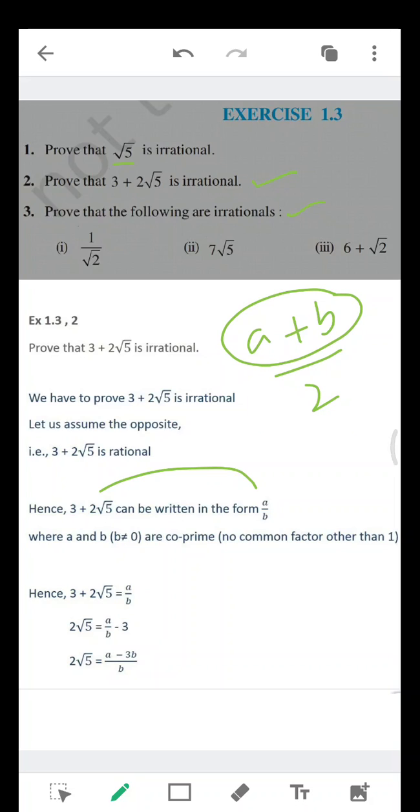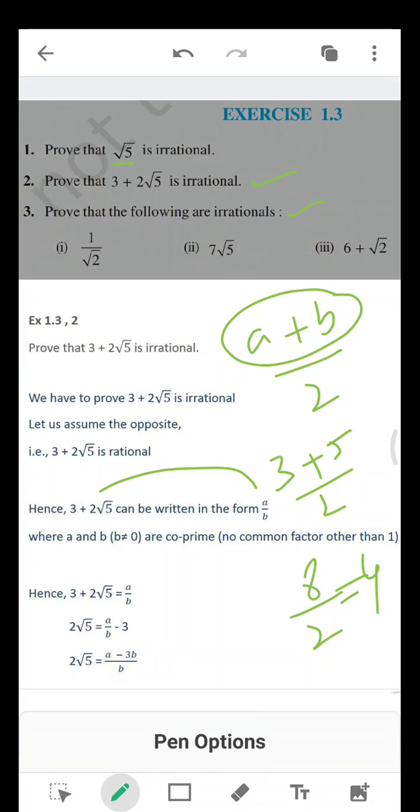In place of a and b, if I write 3 plus 5 by 2, that is 8 by 2, that is 4. So a and b can take any values. Here I took 3 and 5, it can be any number. So a and b are any integers here, and that will give you a rational number.